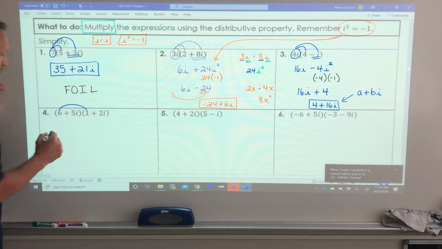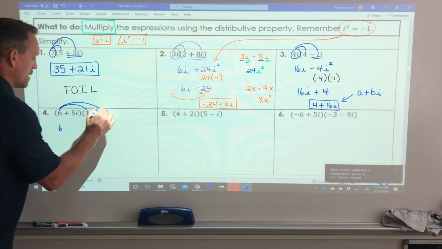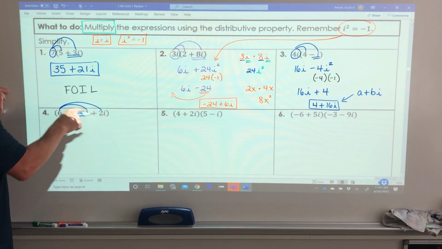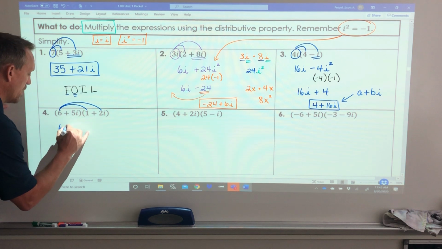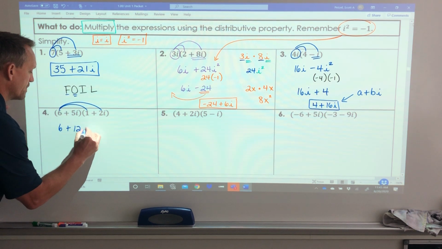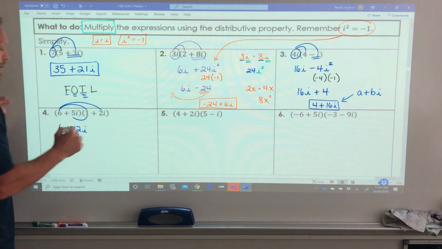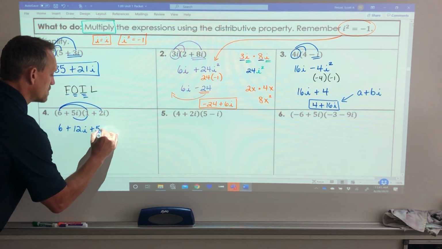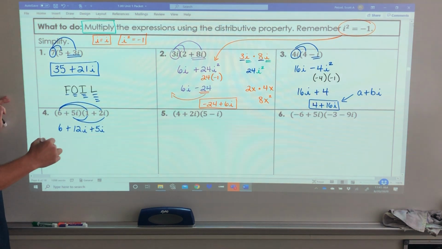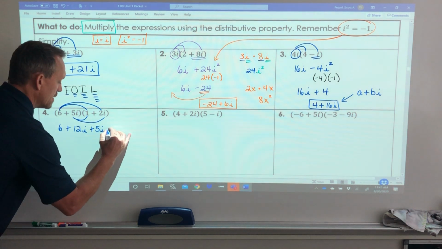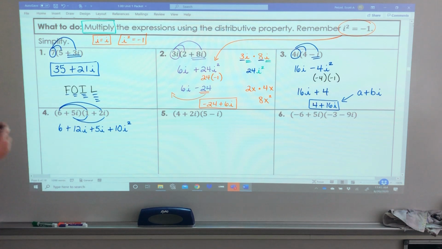6 times 1, 6. First, outside, 6 times 2i. Inside, 5i times 1. Last, 5i times 2i squared.